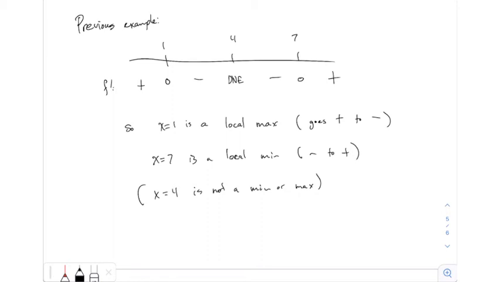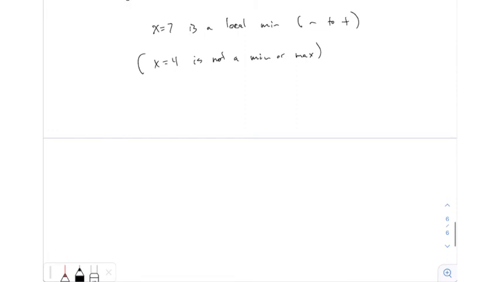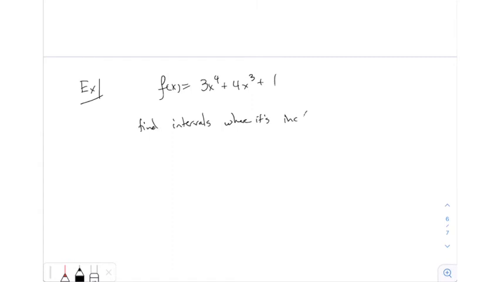All right, this is called the first derivative test to identify where the local extrema are. All right? Any thoughts about that? I got one for you all to try. For this function, f of x equals 3x to the 4 plus 4x to the third plus 1, I would like you to find intervals where it's increasing or decreasing.